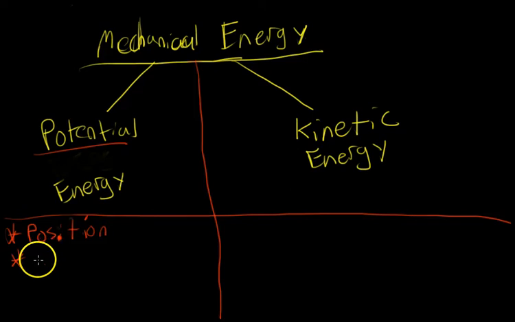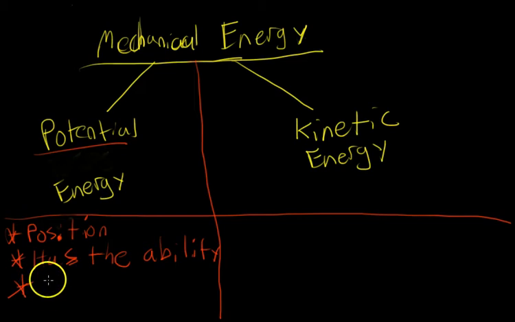So it has the ability for energy, ability for work. Yeah, it has the ability to do something. And you can think of it as stored energy, right? So let's give some examples.